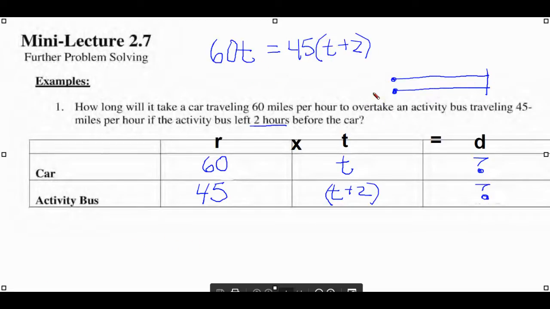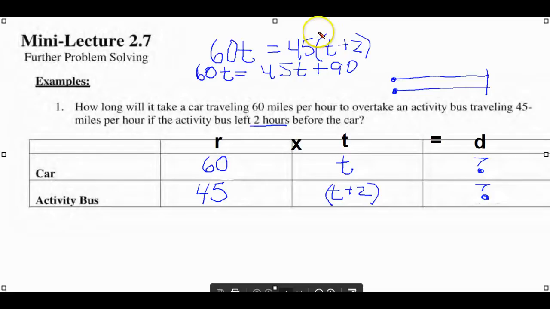Now, it is critical that we think of this time as a sum, so we have it in parentheses. So, in solving it, we're going to get 60t equals 45t plus 90.